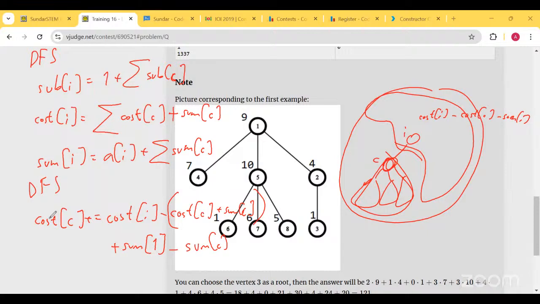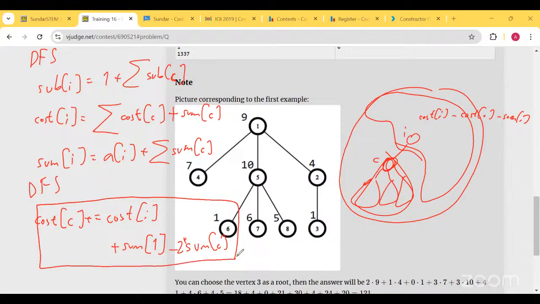Because this is cost C added by minus cost C, we can remove this. And then this is minus sum C minus sum C, so just minus 2 times sum C. If we simplify the formula, it becomes like this. This is not plus but equal.